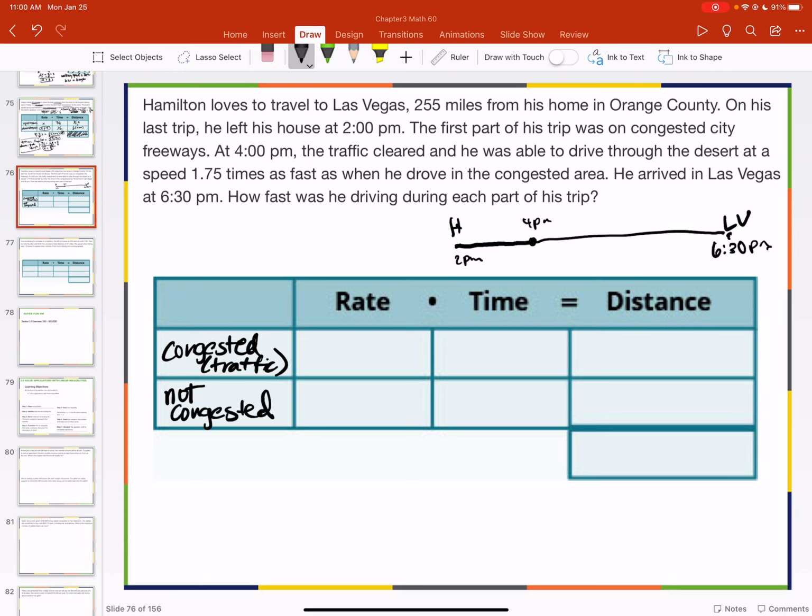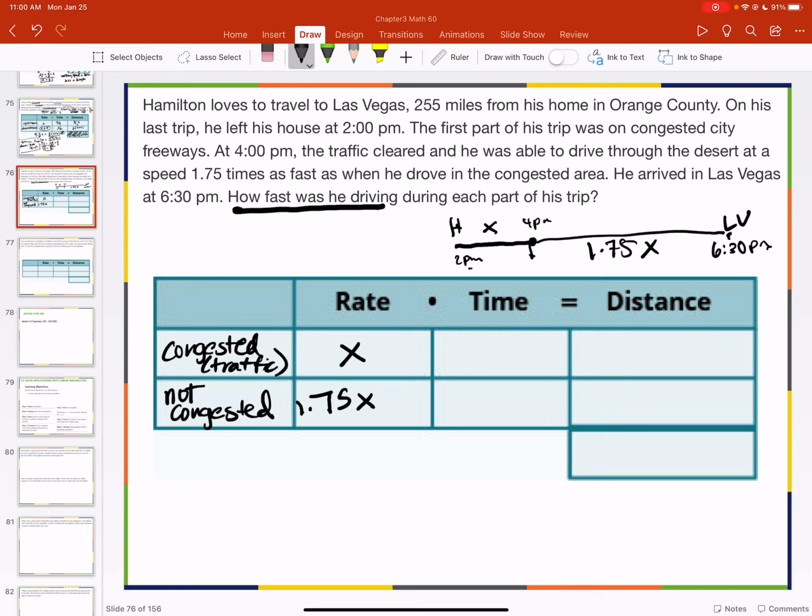Okay, so we don't know what the rate is, but it's asking here how fast. Well, in this part, he's going a certain rate, x. We're going to let that be x. But in the second part of the trip, he's going 1.75 times as fast. So that's going to be 1.75x. And then here we know how much time he drove because they give us time periods.